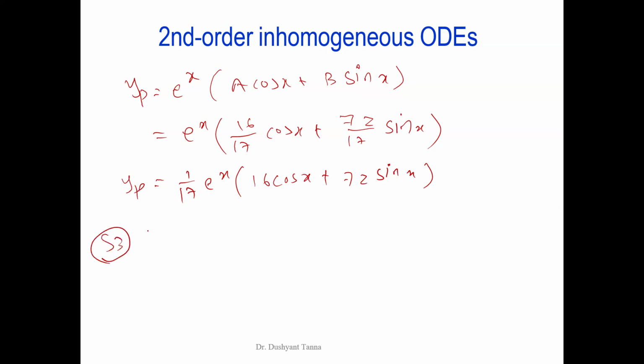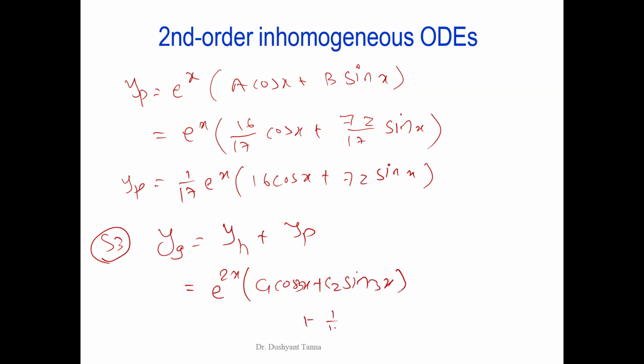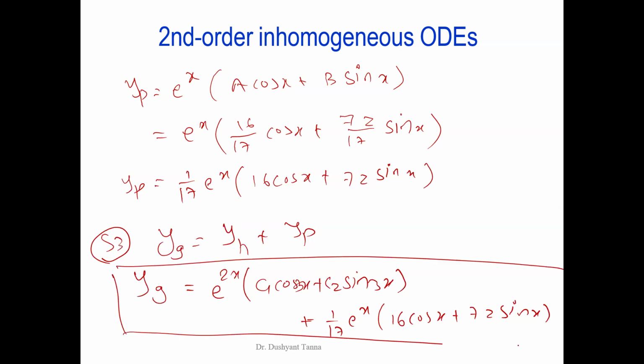And finally, step 3 is yg is yh plus yp. Just write everything combined: e raised to 2x, c1 cos 3x plus c2 sin 3x, plus 1 over 17 e raised to x, 16 cos x plus 72 sin x. This is your final answer.